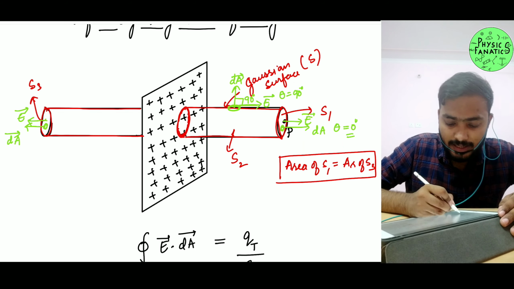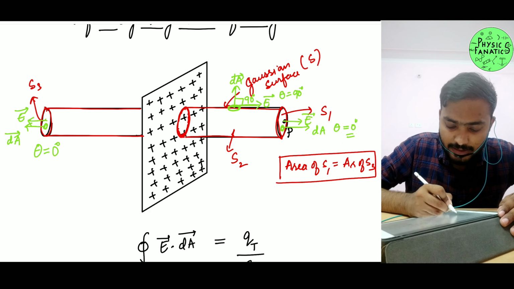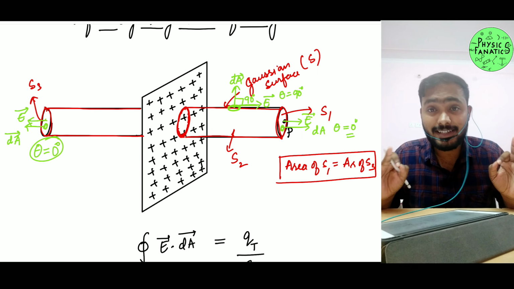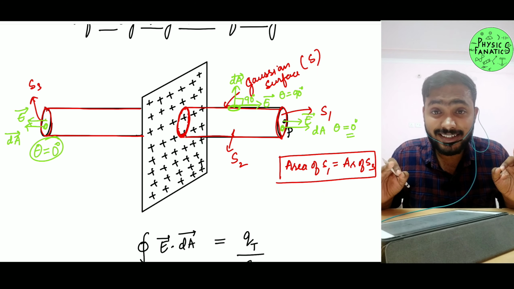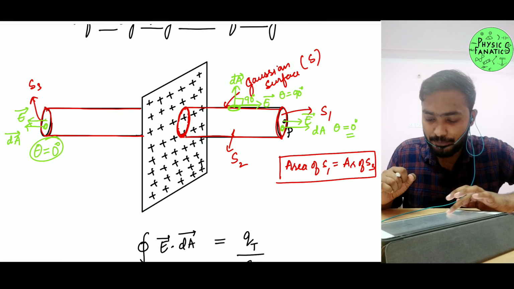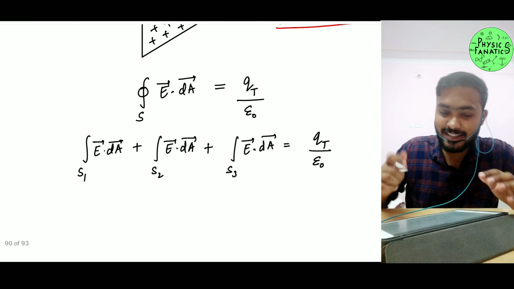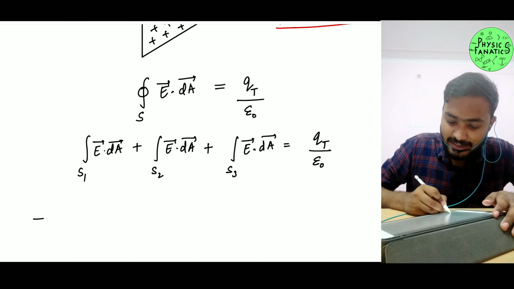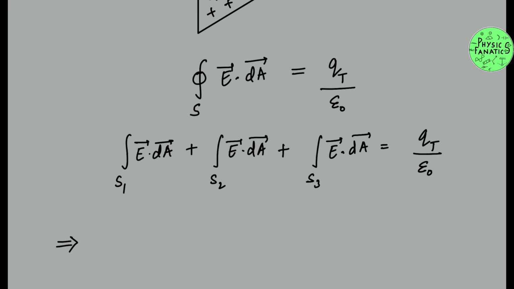That means again the angle theta is 0 in the case of your S3 figure. Is that a yes or no? Great. If you can understand that, then let's try to solve this further.